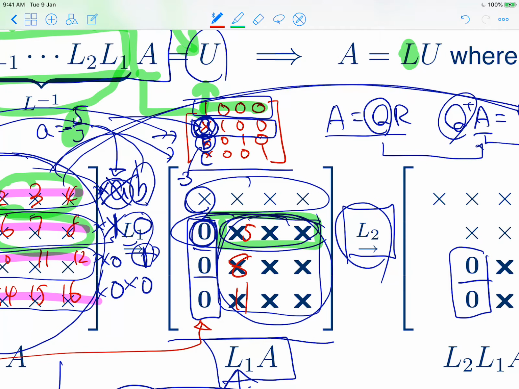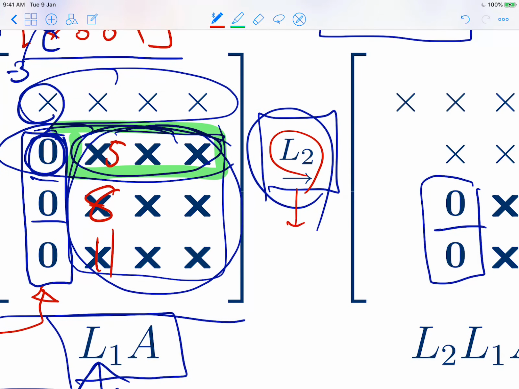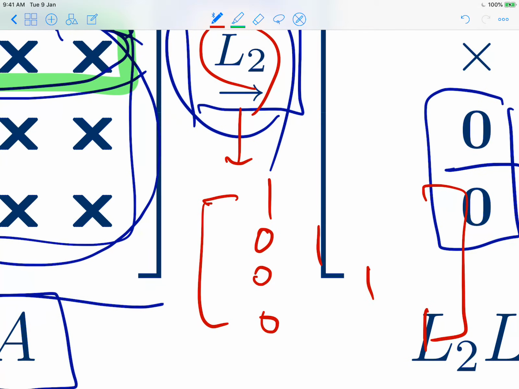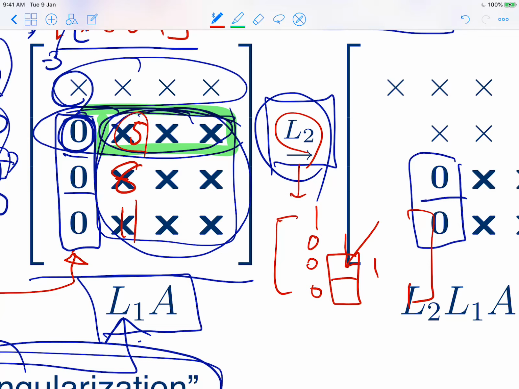Similarly, L2 is obtained as 1 1 1 1 and 0 0 0, and now we just change those two numbers. This number is negative 5 over 8, and this is negative 8 over 5 and negative 11 over 5.